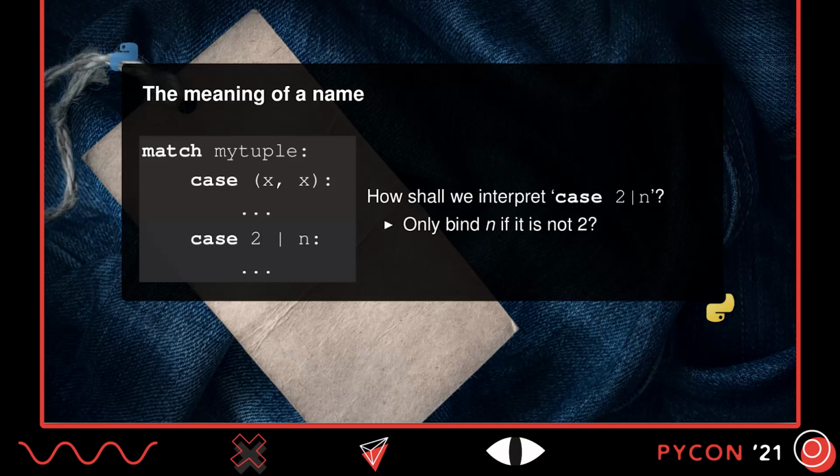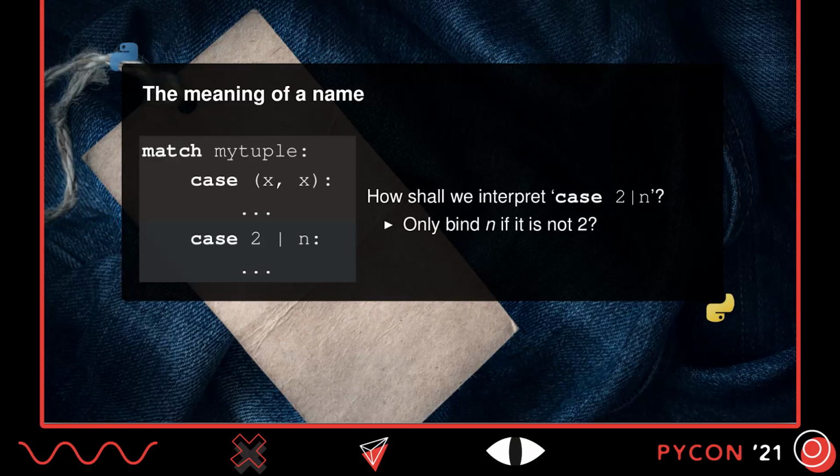Kind of the opposite problem occurs in the second case statement here, where we have 2 or n. Now, if we consider that we have a value that is 2 and we look at this pattern, then the first part here, 2 equals 2, will already work and the pattern succeeds, and the code below is executed. However, if the value provided is not 2, say 3.5 for instance, it will be assigned to n and then the code below will be run.